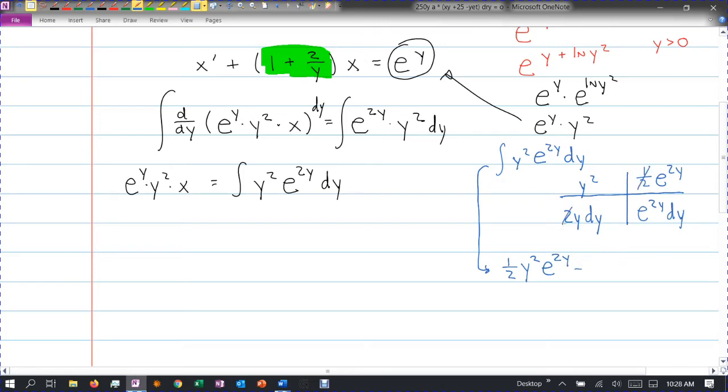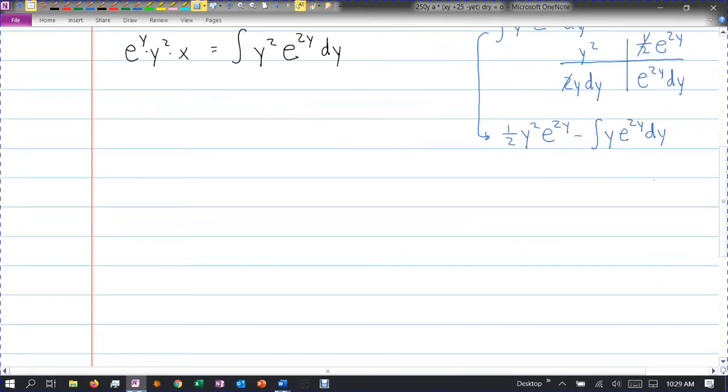And so I'm going to keep it negative, so I'll have minus integral y e to the 2y dy. So then another integration by parts there. So I put y here, and then put e to the 2y dy here. This is going to be dy, this is going to be 1/2 e to the 2y. And so now this becomes, oh my goodness, that's driving me crazy.